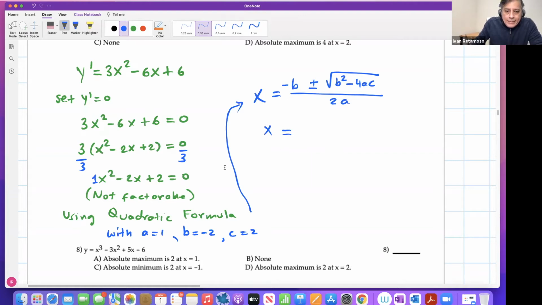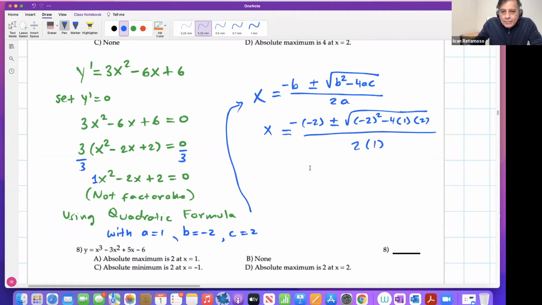Plugging in our values, B is -2, the square root of -2 squared minus 4 times A, which is 1, times C, which is 2, over twice A, twice 1.